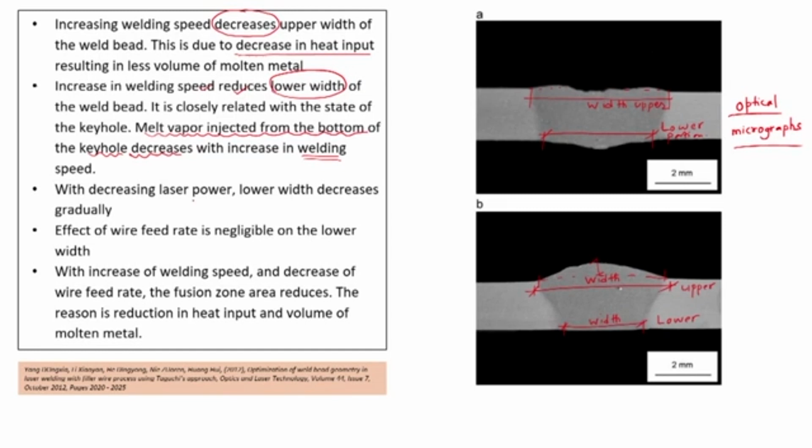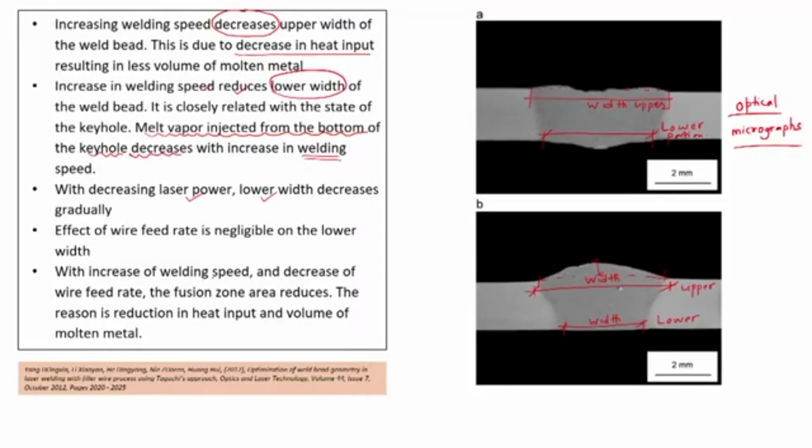When we decrease the laser power, there is reduction in the lower width, which is quite obvious. The wire feed rate has a negligible effect on the lower width. So, when we are feeding the wire during the laser operation, its rate of deposition does not affect this laser welding operation much, that has been noted.